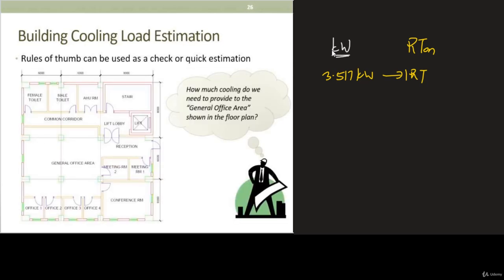So usually, if you want to have a very quick estimation, let's say when you have a floor plan and you want to estimate how much cooling you need to quickly size up your AHU or size up the amount of tonnage that you require, there are some rules of thumb. So for example, let's say an office area, how do we know how much tonnage do we need?